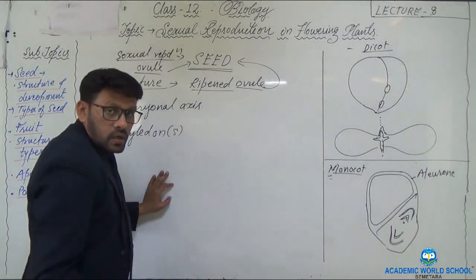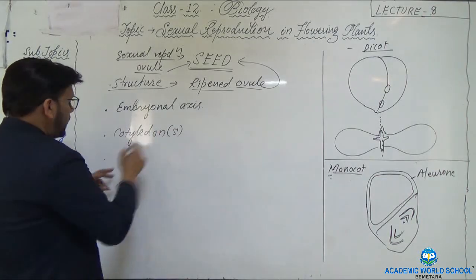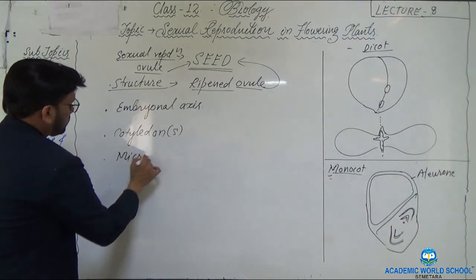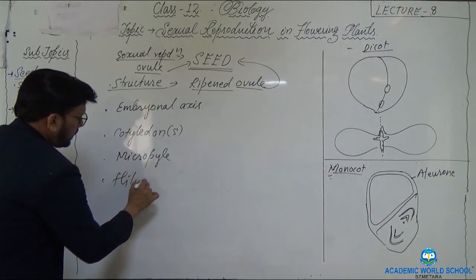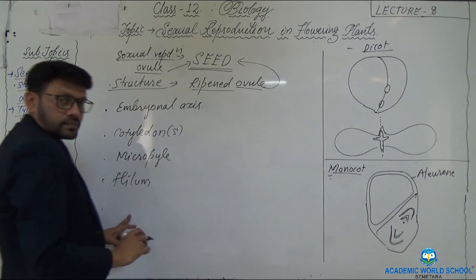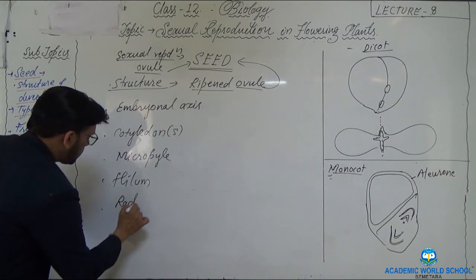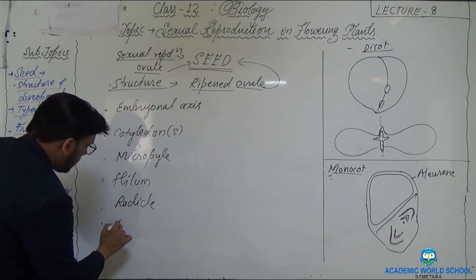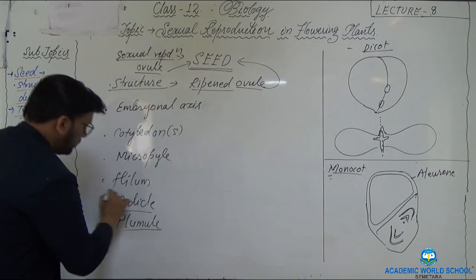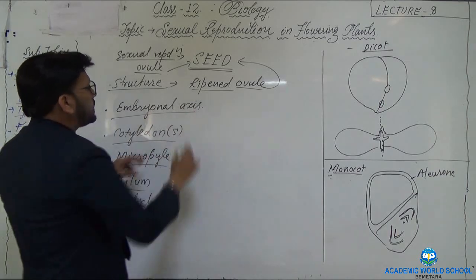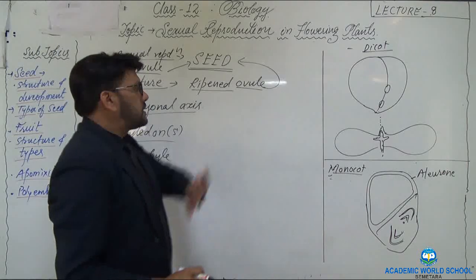If it is monocot, it will be 1. Then it has the micropyle. It has the hilum. Yes. Then it has the radicle. And finally it has the plumule. So all these are the different parts of the seed.